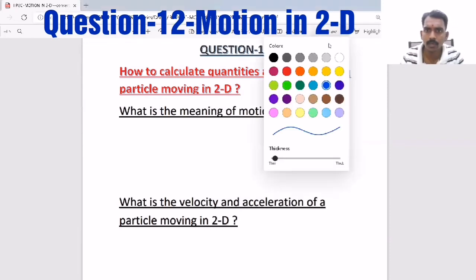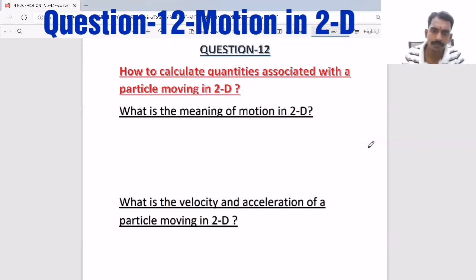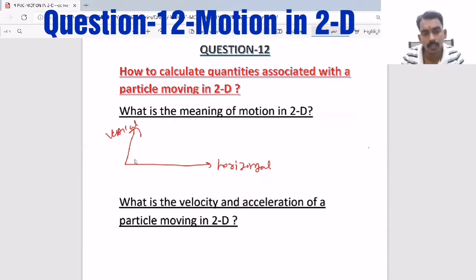See, motion in two dimension is nothing but when a body is moving between horizontal and vertical, usually, or along two perpendicular axes like x and y, any two axes.